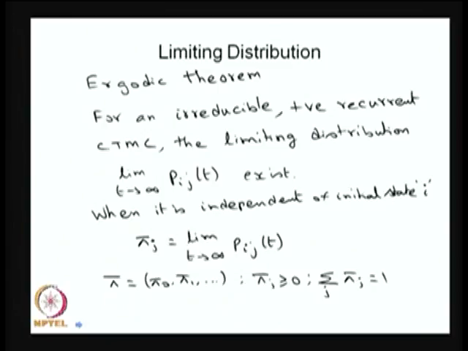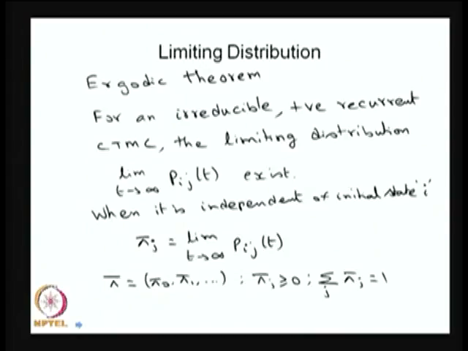That means whenever you have a dynamical system in which the model is irreducible and all the states are positive recurrent, that means the mean recurrence time is going to be a finite value, then that system is called an ergodic system, or the ergodic concept can be used. Therefore, as t tends to infinity, you can get the limiting distribution.